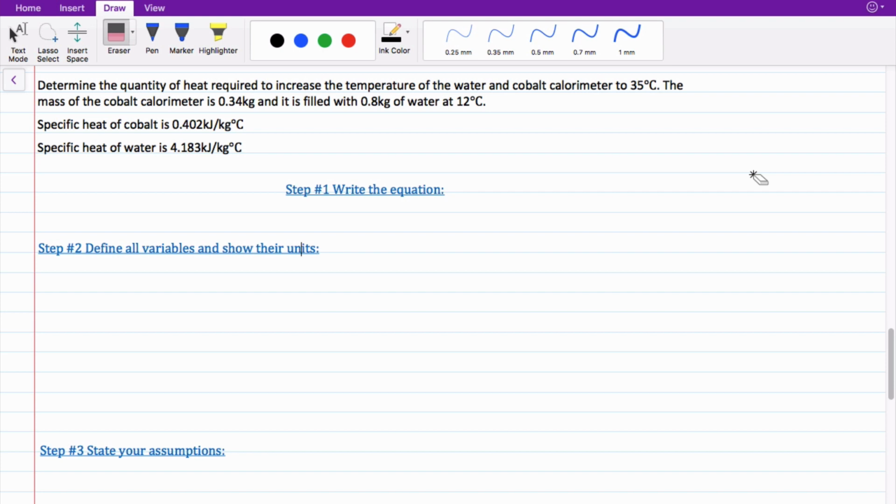So the first thing I always like to do is write the equation that we're going to use to solve the problem. So the equation is the specific heat equation.